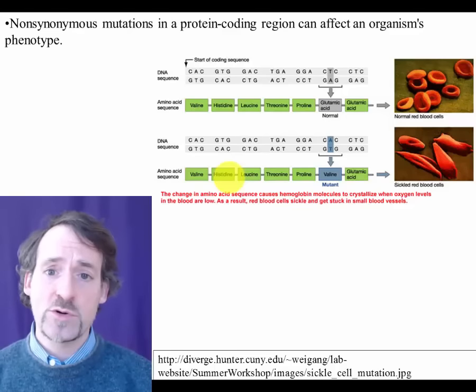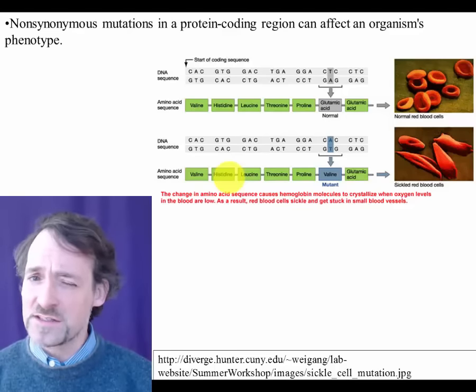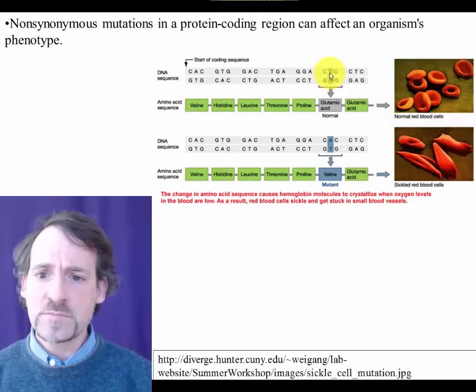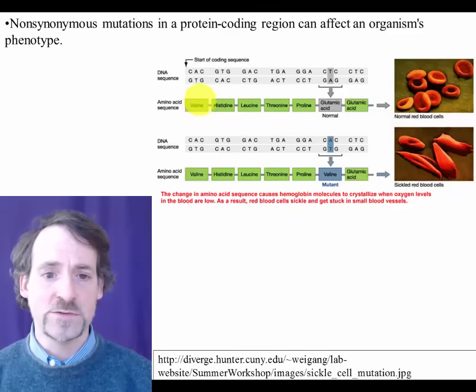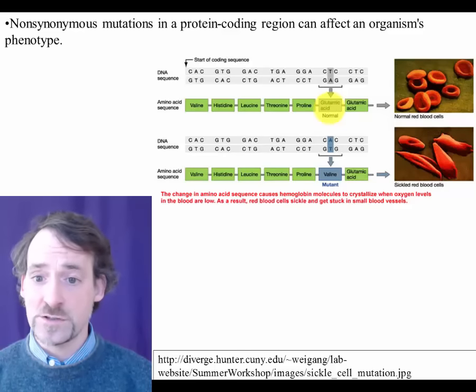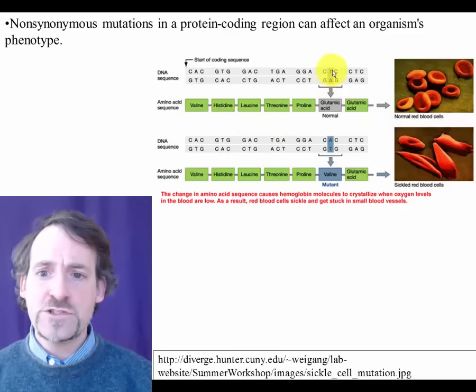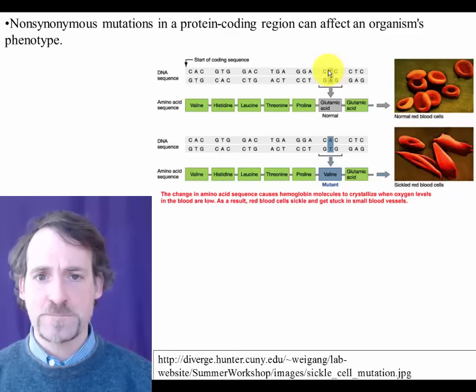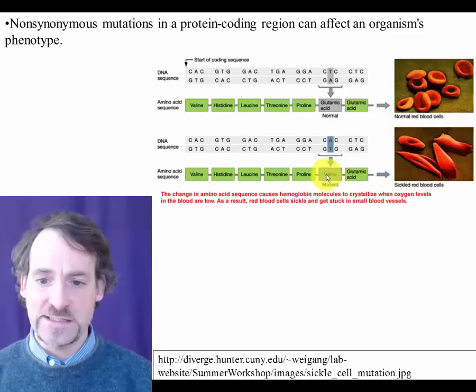Non-synonymous mutations in a protein coding region can affect an organism's phenotype. So, for example, in normal hemoglobin, in the wild type allele for hemoglobin, this is the amino acid sequence. And particularly at this point in the sequence, you get a glutamic acid residue. If you change one of these base pairs, instead of getting glutamic acid, you get a valine.